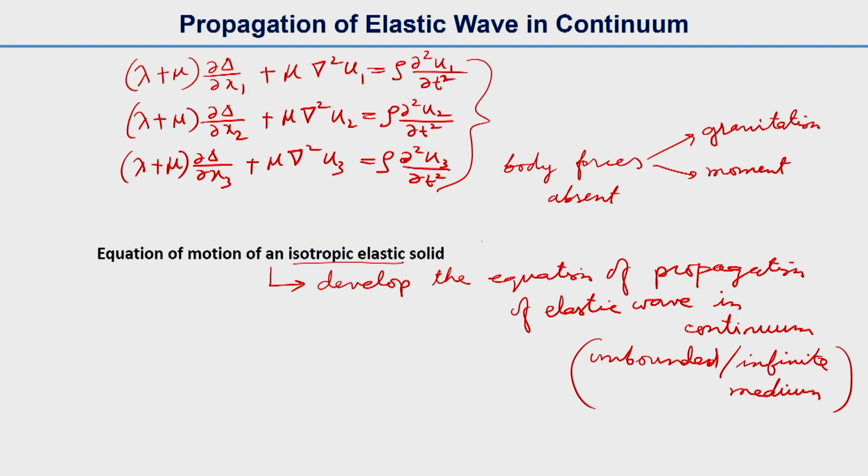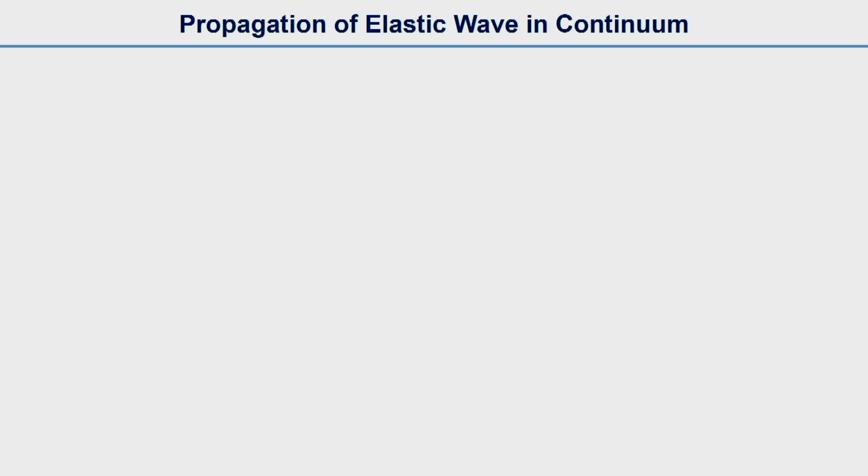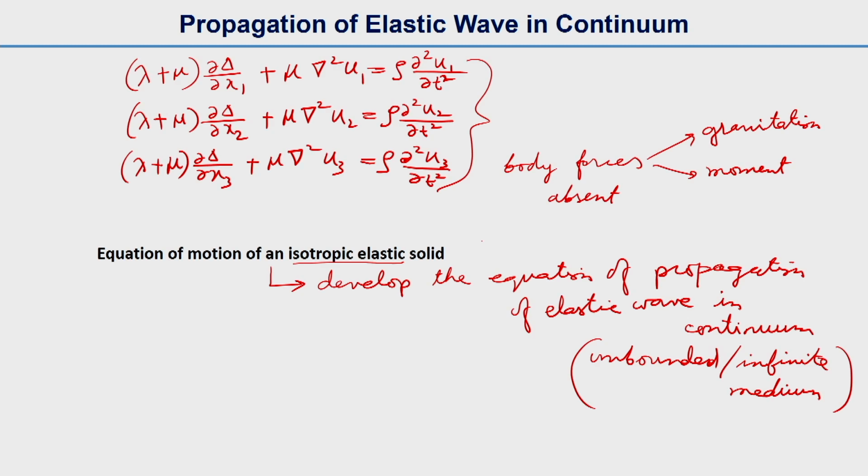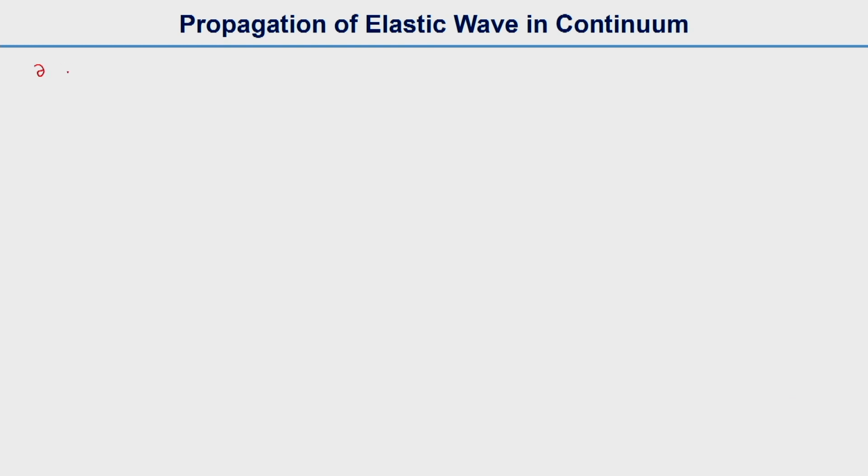Let us say we call these equations A, B and C. To get the wave equation, we differentiate equation A partially with respect to x1, similarly equation B with respect to x2, and equation C with respect to x3.